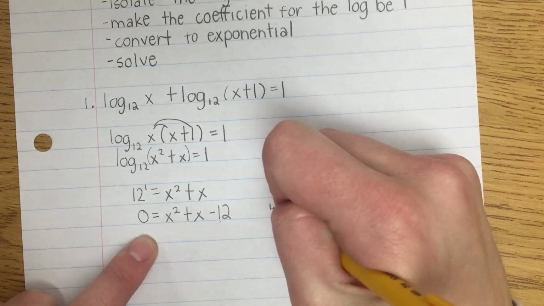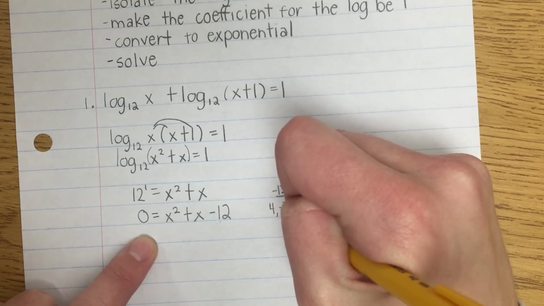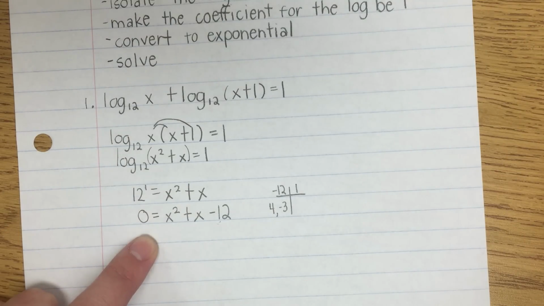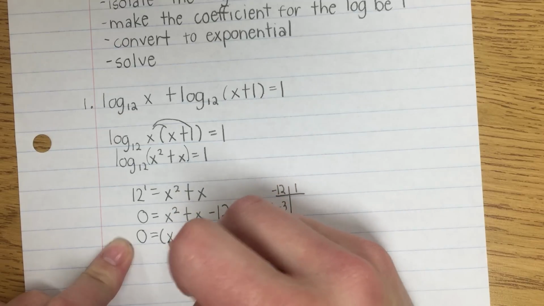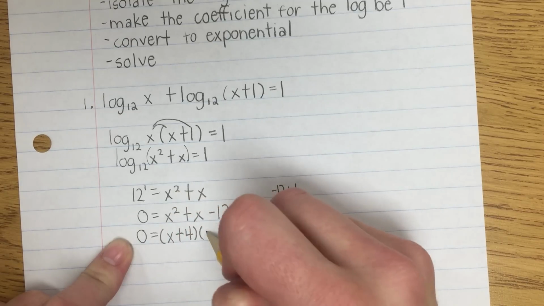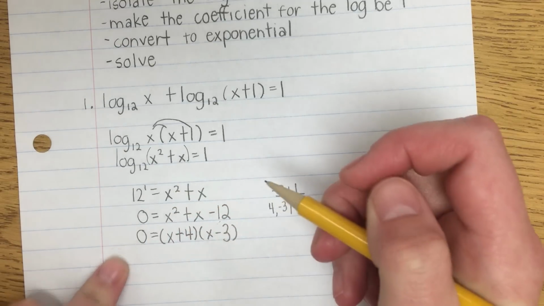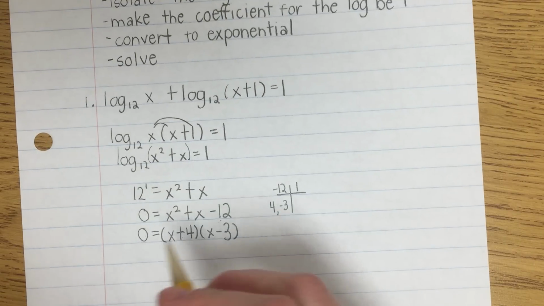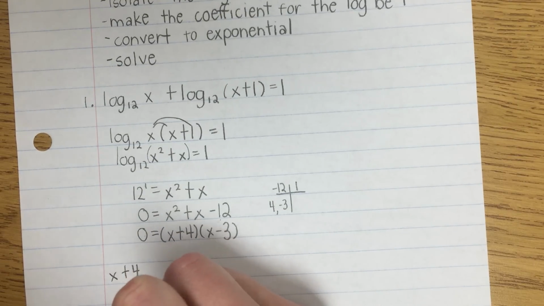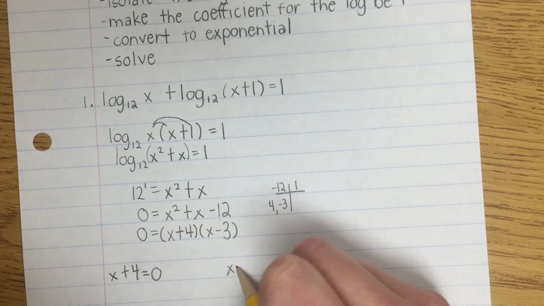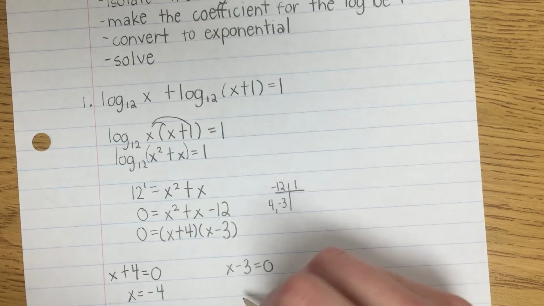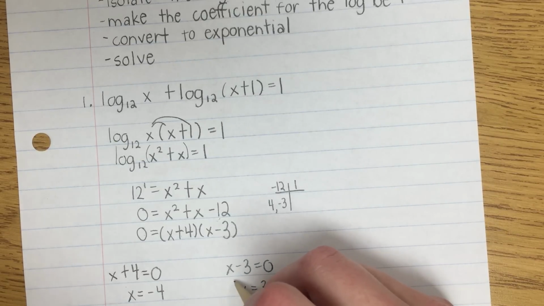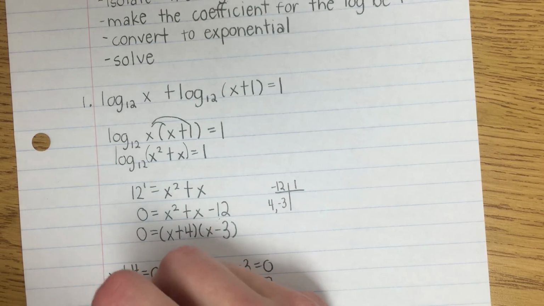Okay, and that is going to be 4 and negative 3. So I know that this factors to x plus 4, x minus 3. So therefore, when I set each of those equal to 0, x plus 4 equals 0, and x minus 3 equals 0. When I subtract 4 to move it to the other side, I get x equals negative 4 and x equals positive 3. So those would be my two answers.